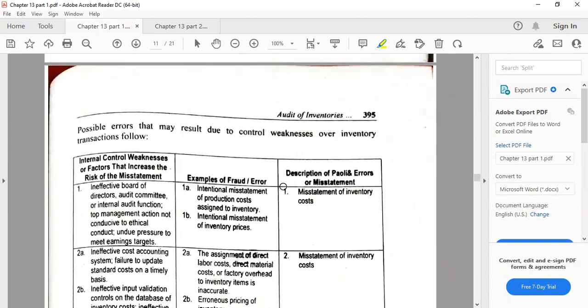Okay, so here are possible errors that may result due to control weaknesses over inventory transactions. Normally, we are expecting the company to implement its own set of internal controls to make sure that there will be no errors and fraudulent transactions occurring that affect our inventory.